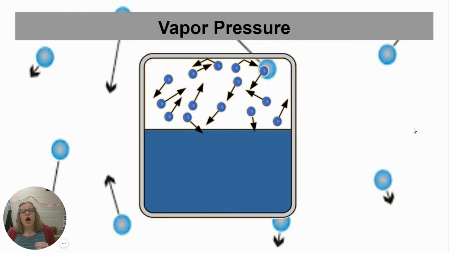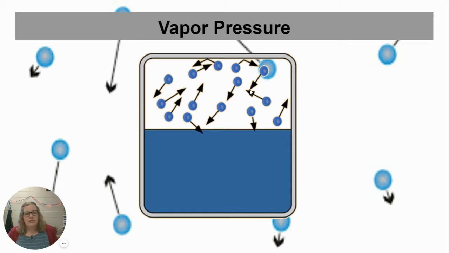So when we talk about water or any liquid, and we've talked about vapor pressure before with intermolecular forces, vapor pressure, if I have a closed container, is the pressure of the gas above the liquid at a point where the amount of liquid going into the vapor phase, so up into the gas phase, is equal to the amount of gas that turns back into a liquid. And that's called the equilibrium vapor pressure.